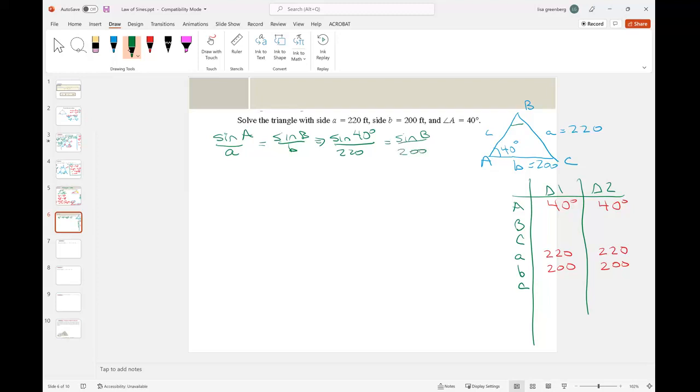I solve for sine of B, which equals 200 sine of 40 degrees divided by 220. And then I take the inverse sine of both sides.